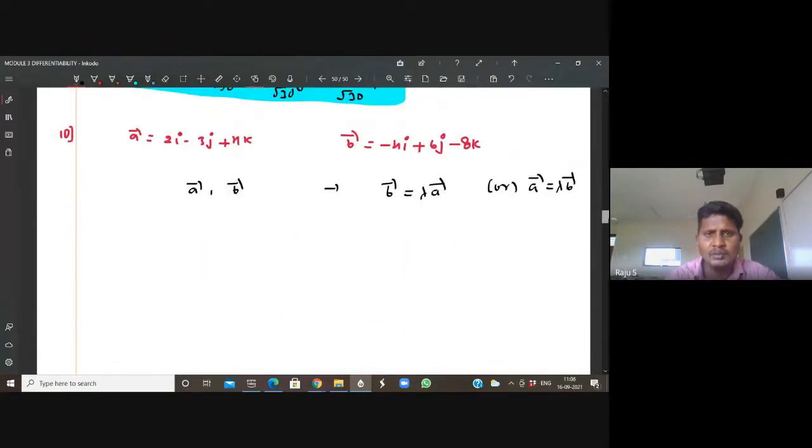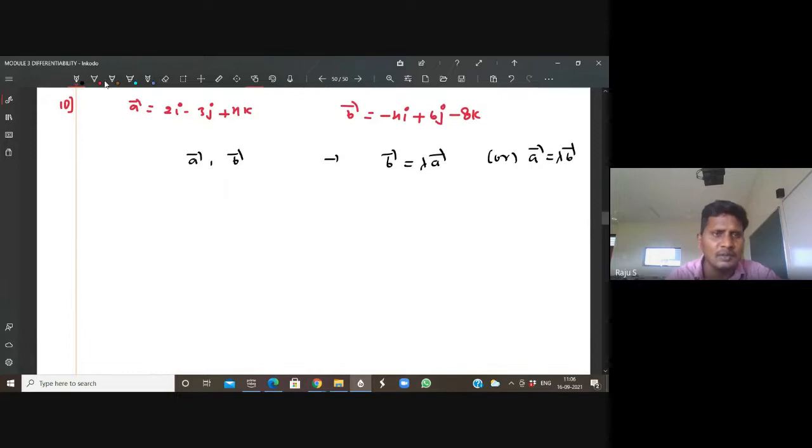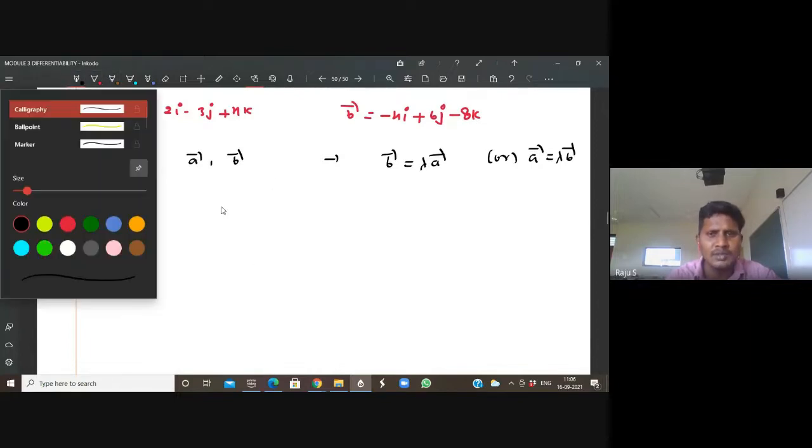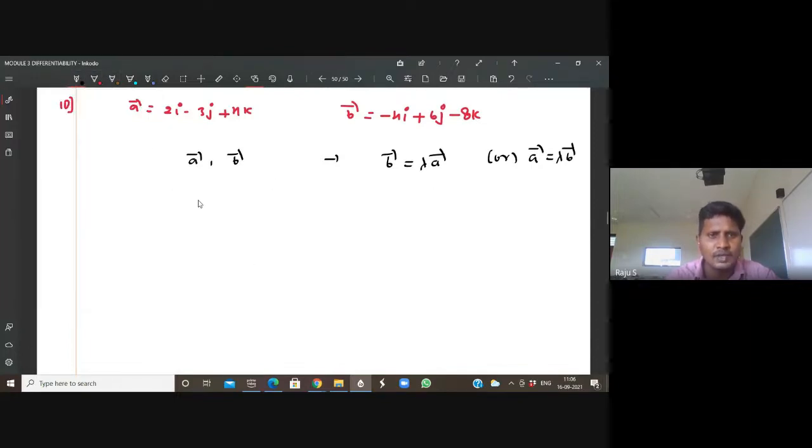Is there any possibility to write the B vector as some lambda times A vector? Yes or no? B vector is equal to minus 4i plus 6j minus 8k. If I take minus 2 common, then it is minus 2 times 2i minus 3j plus 4k.